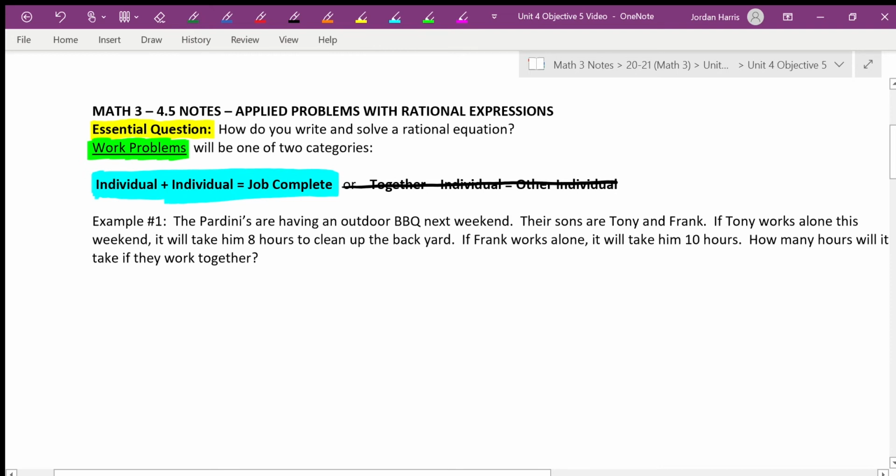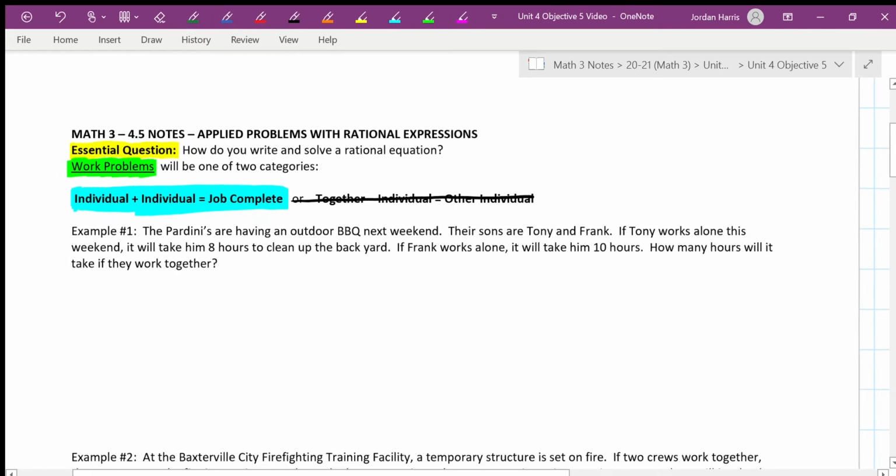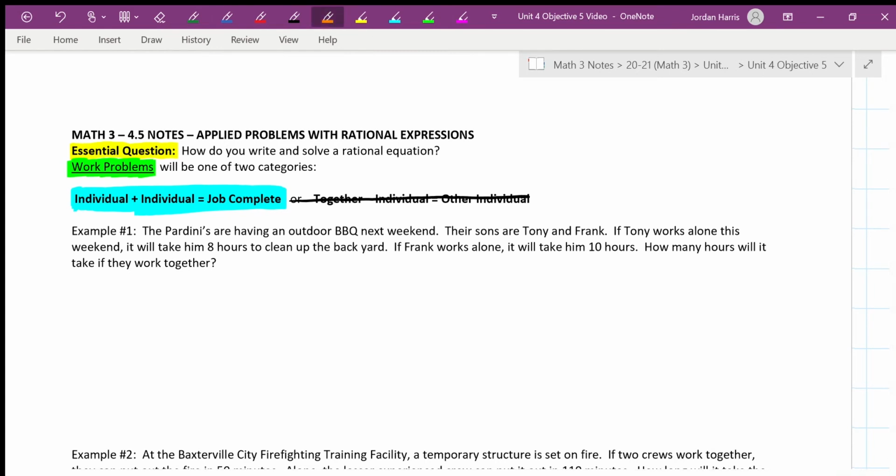Why not? So what this means is it's how much the first person will do of the job plus how much the second person will do of the job, and that equals a total job complete. So I'm going to write out the equation, how we're going to use it.